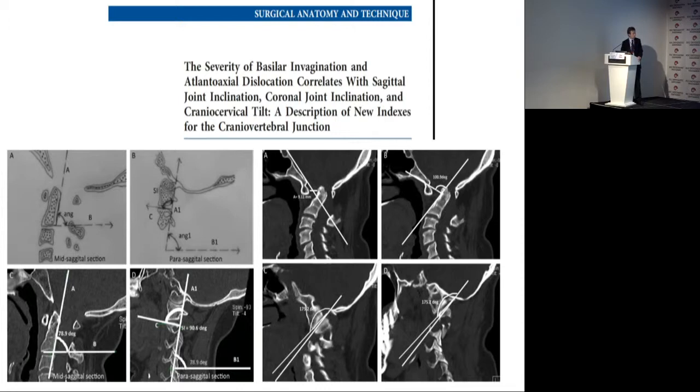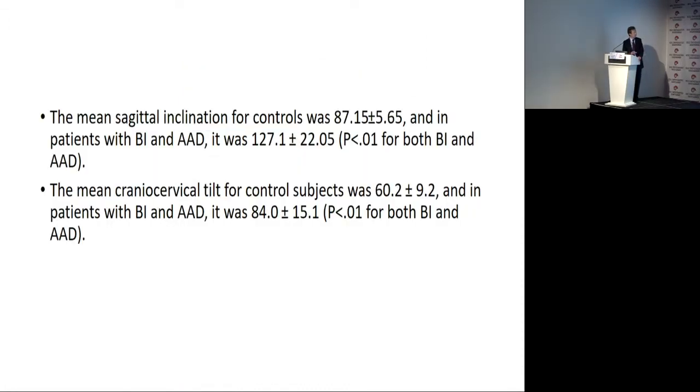He measured the facet joint and gave a degree of how it deformed. He found that the sagittal inclination of the basilar invagination subject and also the cranial tilt, both of these factors increased in basilar invagination with Atlanto-Axial Dislocation.